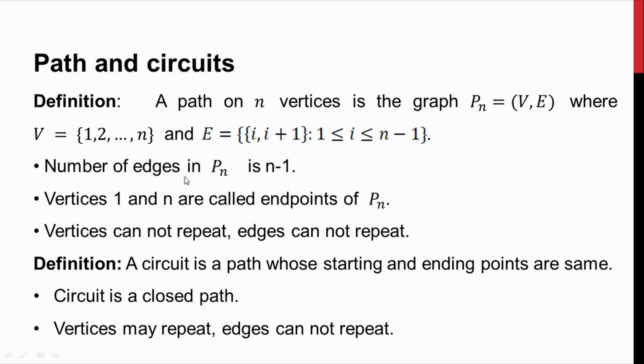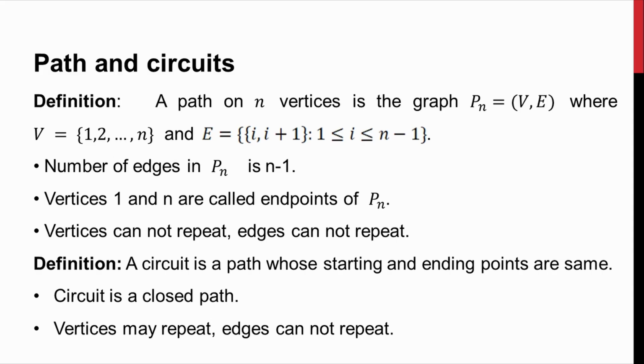The number of edges in Pn is n minus 1 and the number of vertices is n. Vertex 1 and vertex n are called the endpoints of Pn. So in a path, there is no repetition of edges and no repetition of vertices.